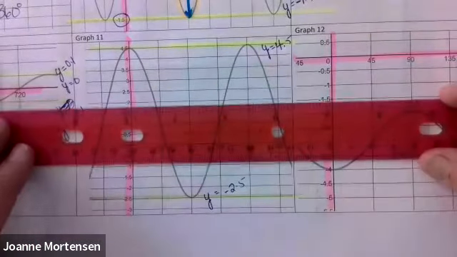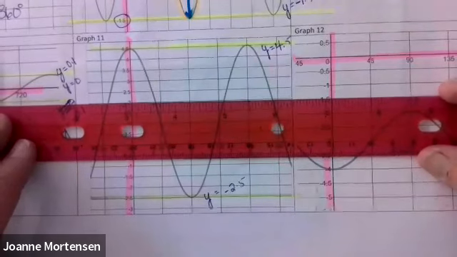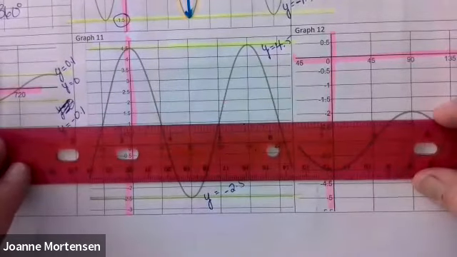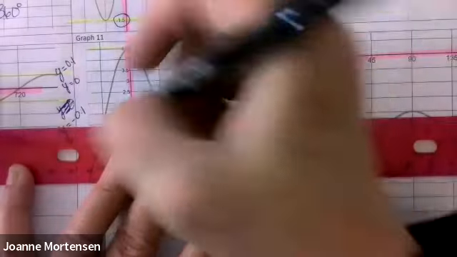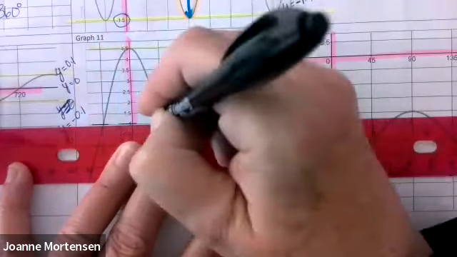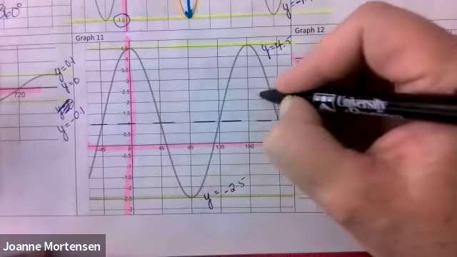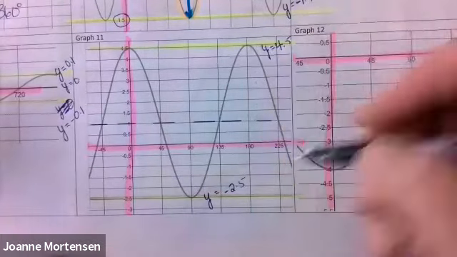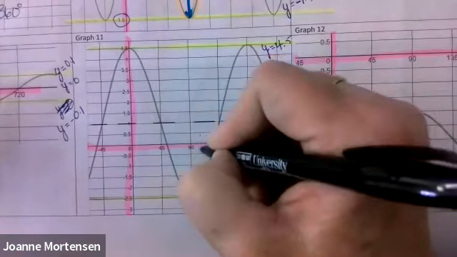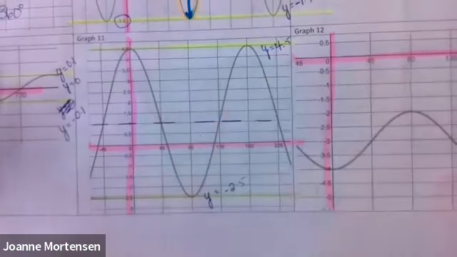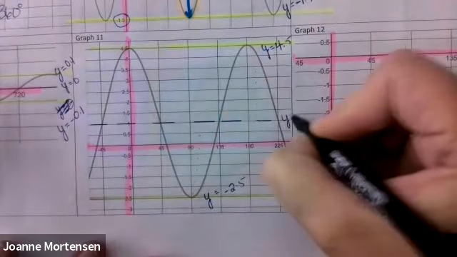Is it 2? That looks 2. I think it's 1. I'm going to regret this because I'm marking it in pen. And then I've got 1, 2, 3, 4, 5, 6, 7. And if I count down, I go 1, 2, 3, 4, 5, 6, 7. Yes, there we go. So y is equal to 1.